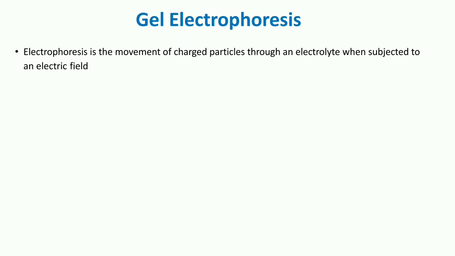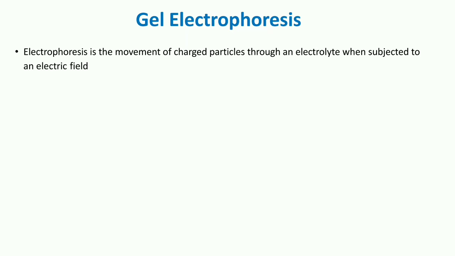So electrophoresis can be defined as the movement of a charged particle through an electrolyte when subjected to an electric field. That is a procedure in which an electric field is used for separation of ions through a solid or semi-solid matrix or a surface, which causes the separation of the constituents on the basis of charge density.